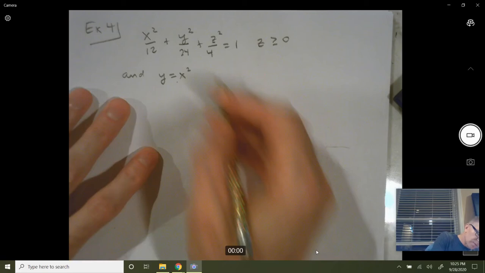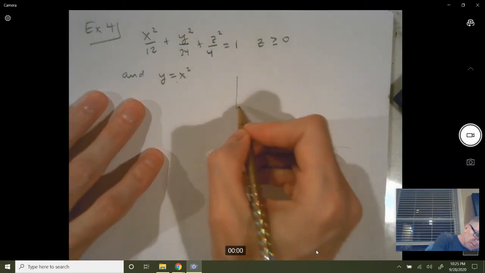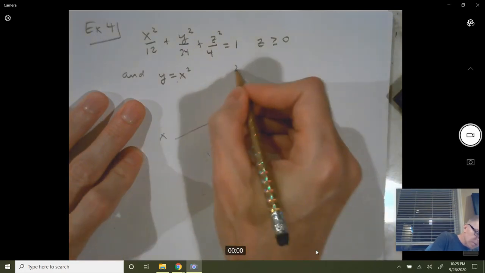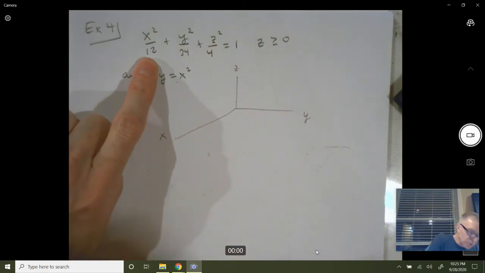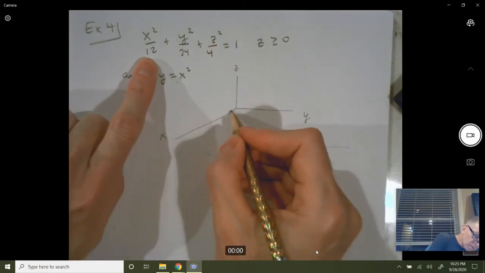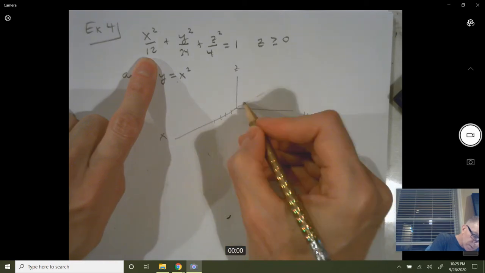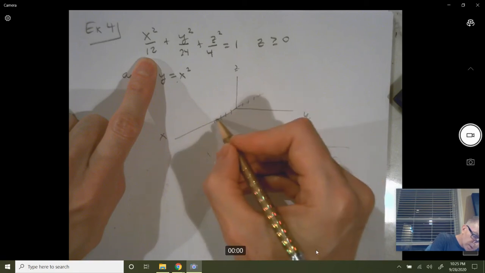Okay, so let's first graph this ellipsoid. In the x direction, we're going to go square root of 12, which is somewhere between 3 and 4. 1, 2, 3, 4, somewhere around there.